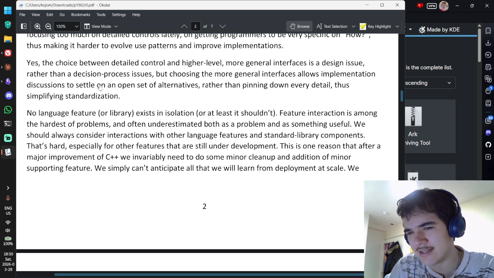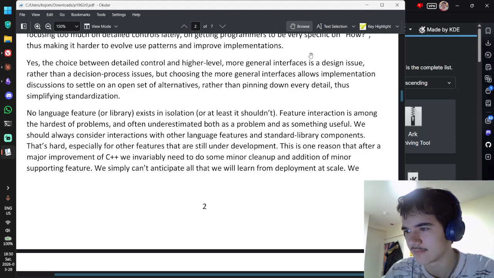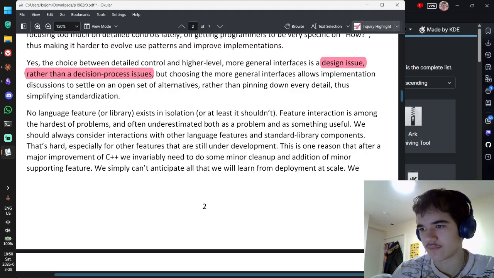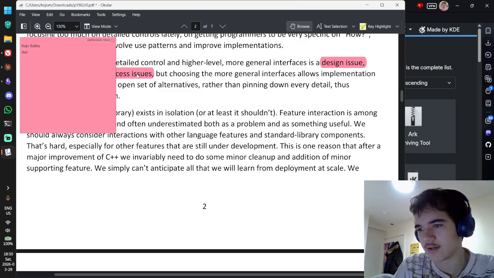A design issue is a design process issue. It's a type of decision making or decision processing issue because that's what design is. It's decisions for design. Do I make a note on that? Might as well. Are design issues not a kind of decision process issue?